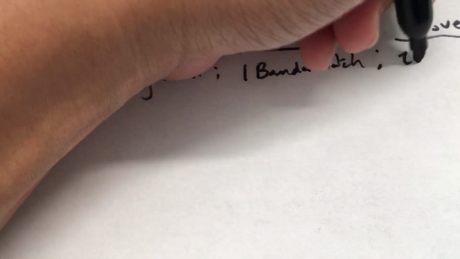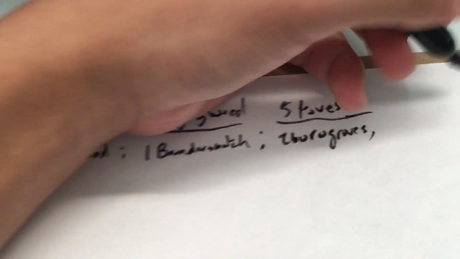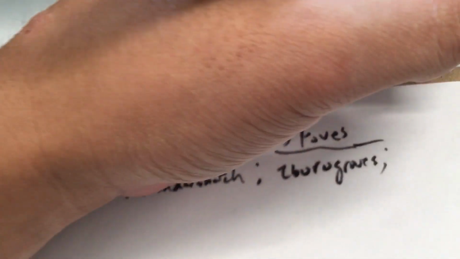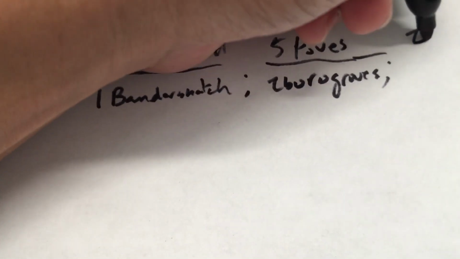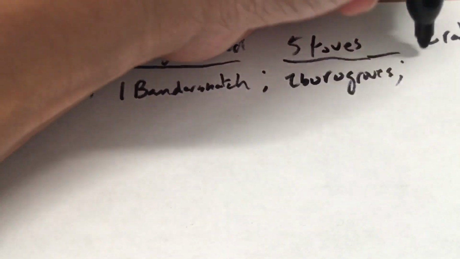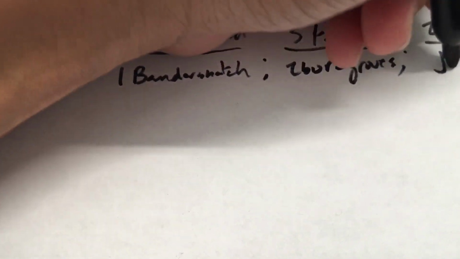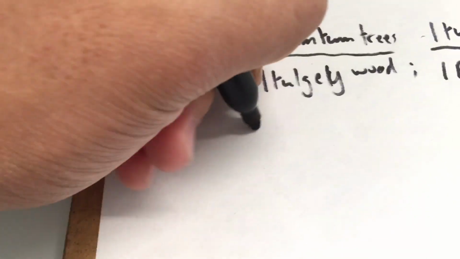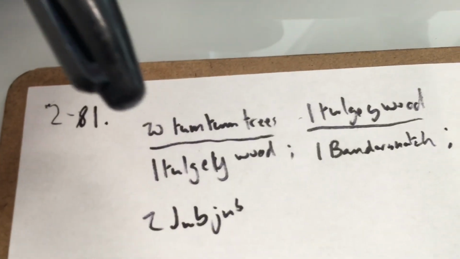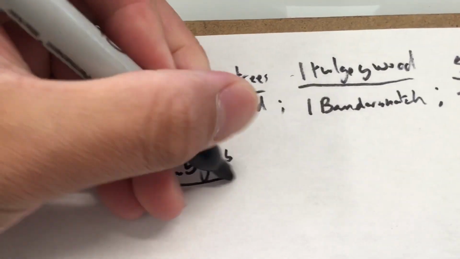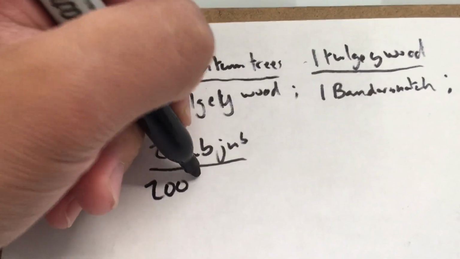And 2 borogoves. Okay, what else? There are 2 Momraths per Jabberwock. Then there are 2 Jub in 200 tum-tum trees.